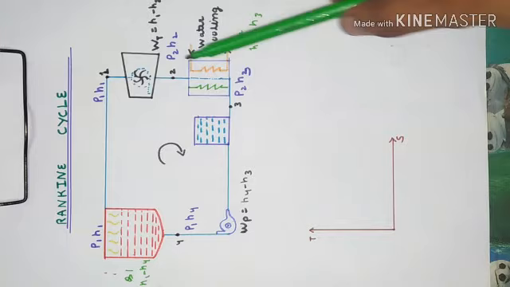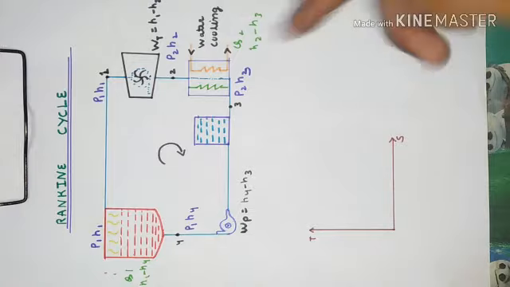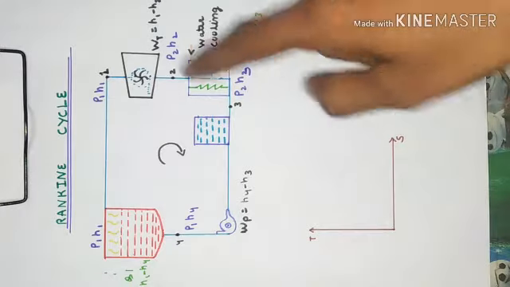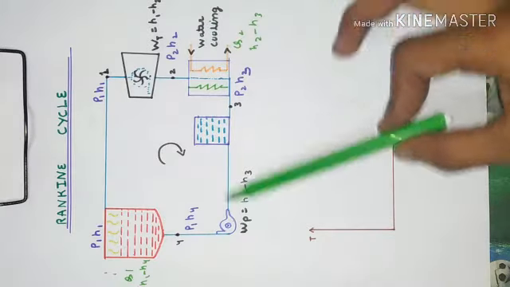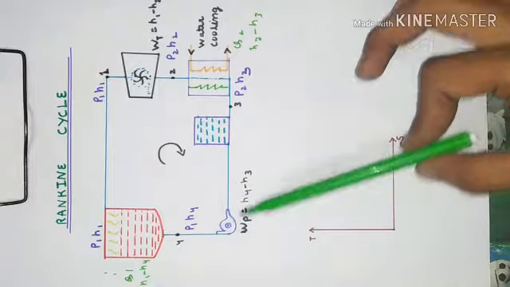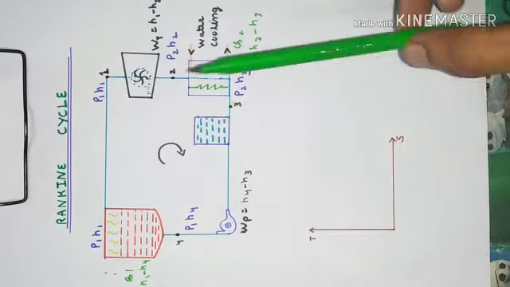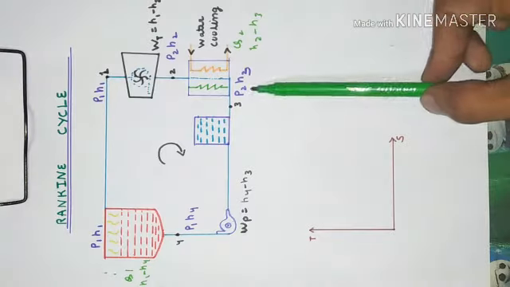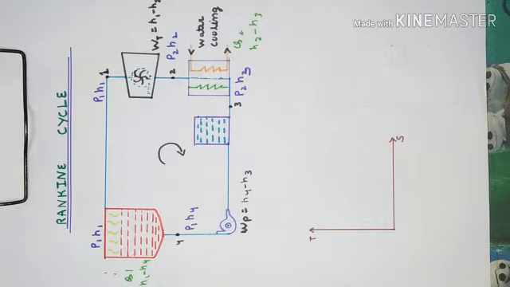The pressure remains constant, but the enthalpy changes because of the phase change, as the vapor is converted to liquid. So H2 is converted to H3, and again the pump compresses the liquid and transfers it to the boiler at high pressure, and the pressure P2 is changed into P1, and the enthalpy is also changed to H4.